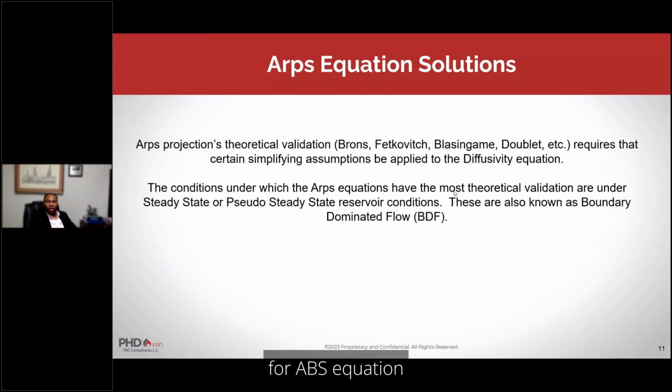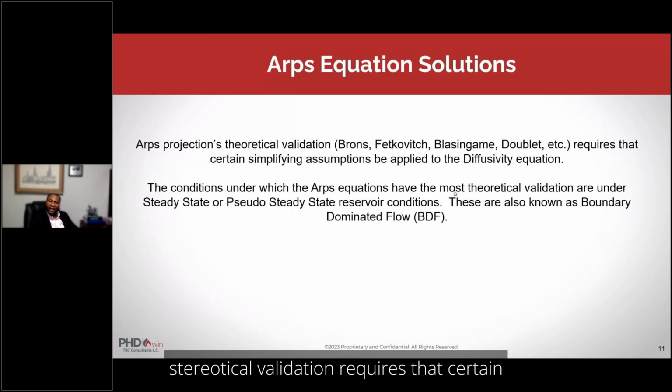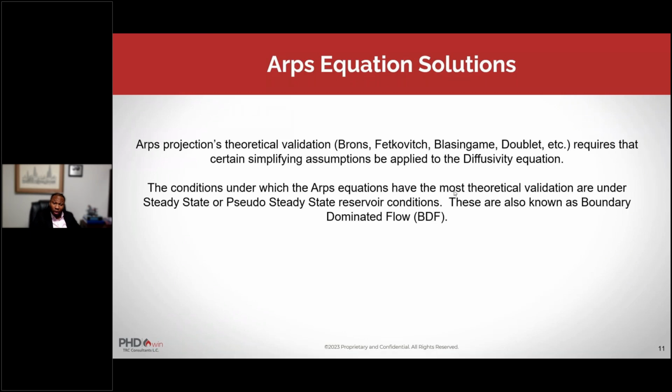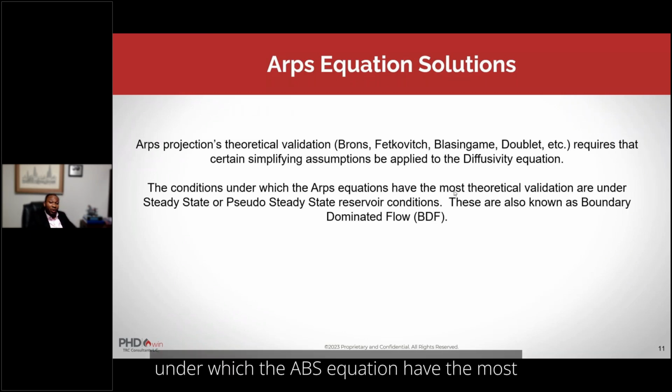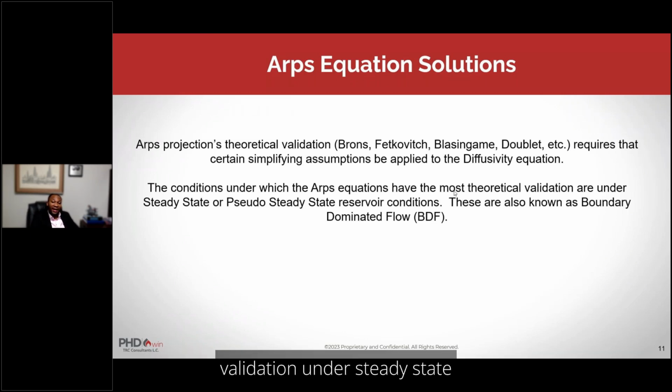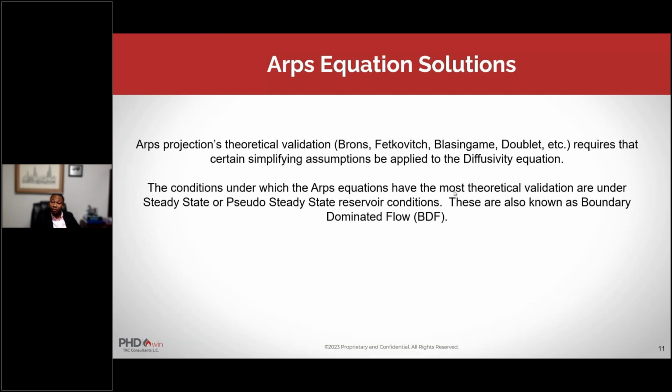For the Arps equation, theoretical validation of the Arps projections requires that certain simplifying assumptions be applied to the diffusivity equation. So the conditions under which the Arps equation has the most validation are steady state and pseudo-steady state reservoir flow conditions.